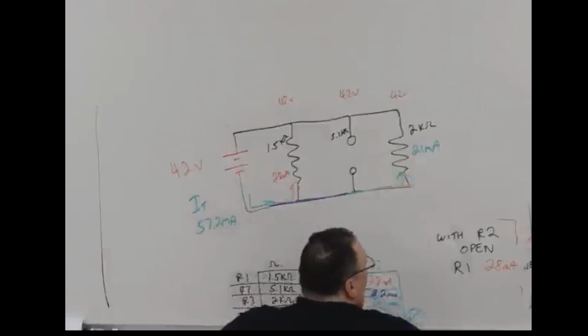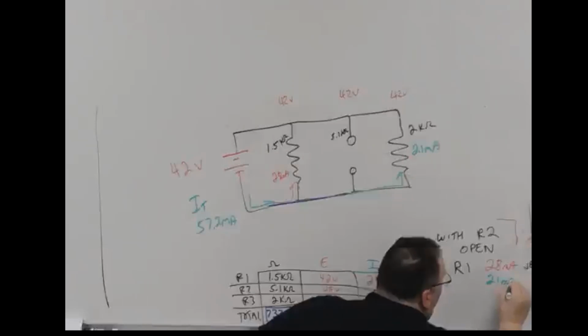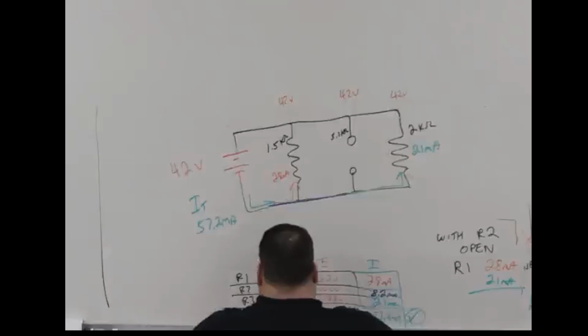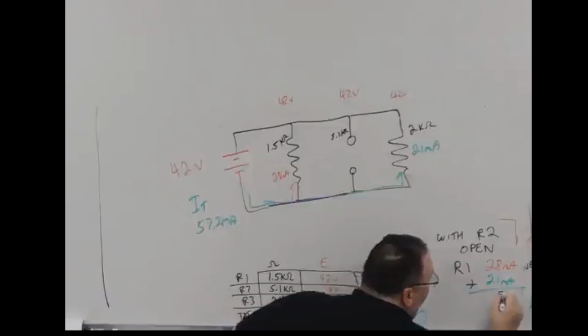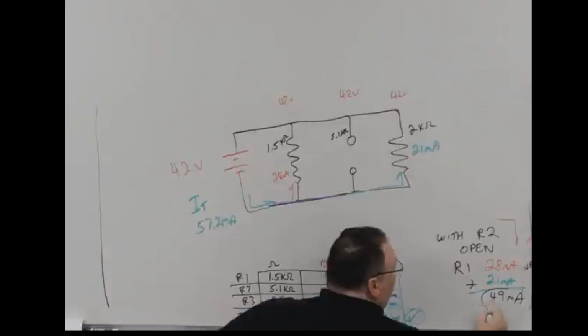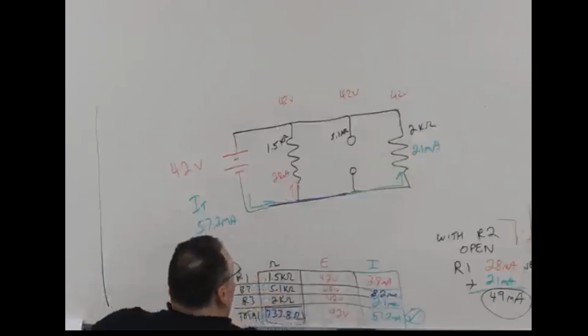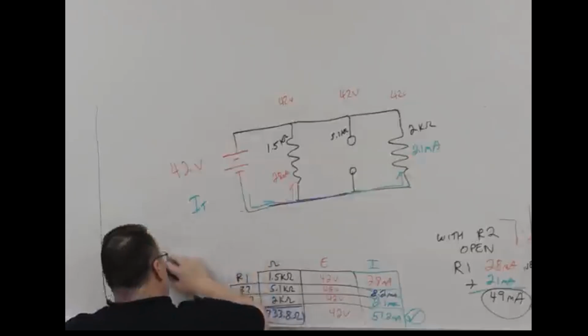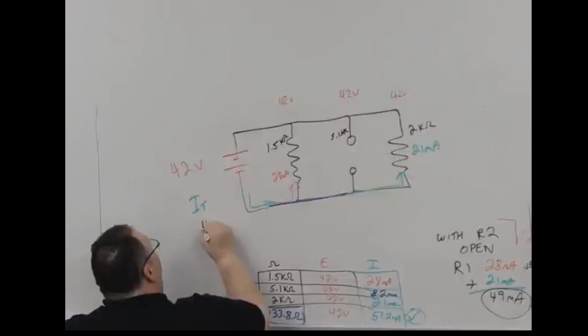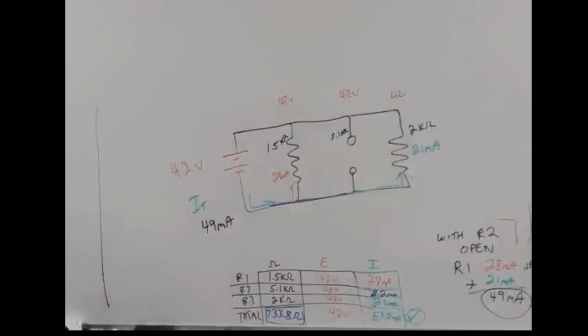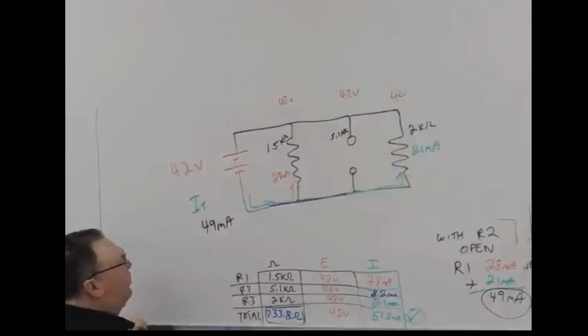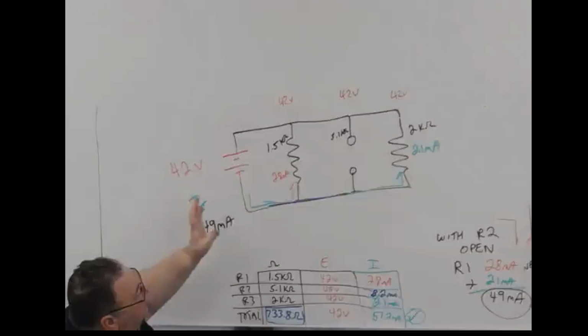And R3 has 21 milliamps. That is going to give me a new total current of 49 milliamps. So that is going to be my total over here. By measuring the total current, I can troubleshoot this circuit.